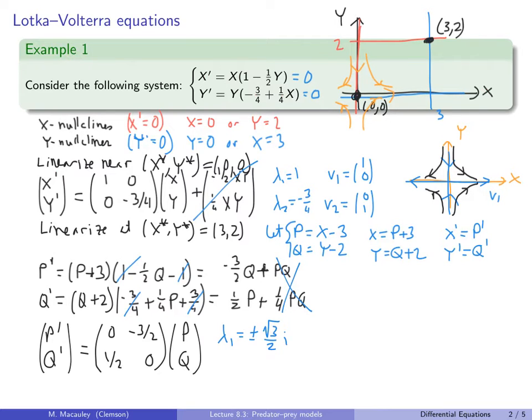So what does that tell us? That is the problem case that I spoke of at the very end of last lecture. That means the phase space is going to be ellipses, but that was that borderline case where unfortunately that does not necessarily imply stable ellipses.